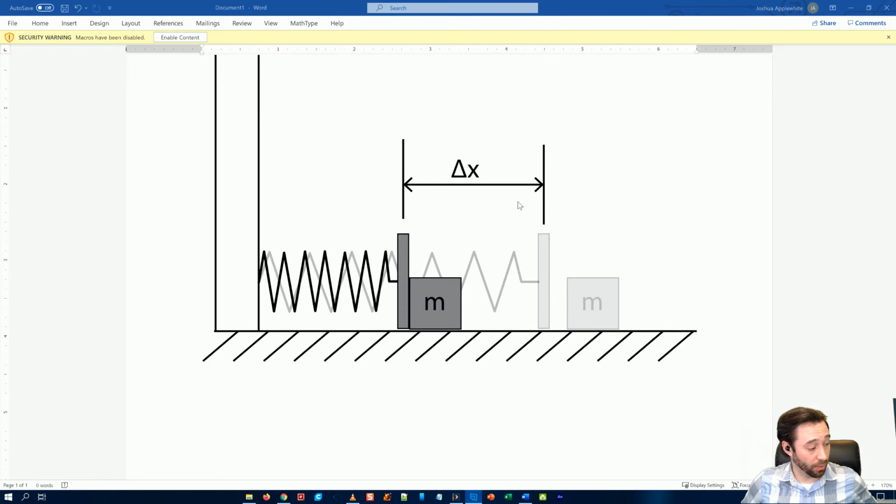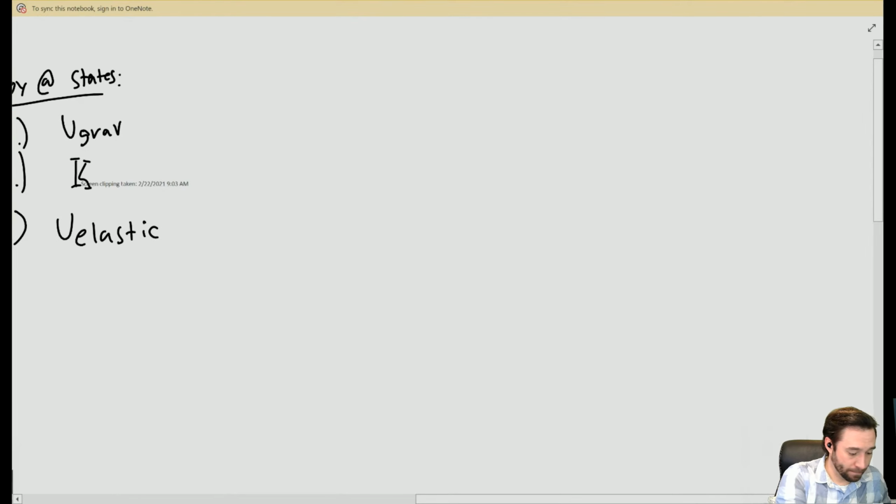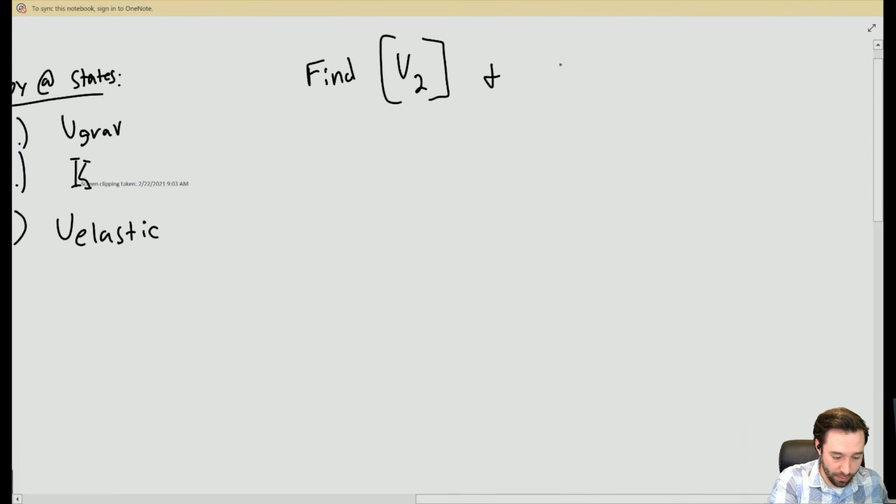So what we'll do tomorrow is we're going to pick up from this, and we're going to actually figure out what the velocity is and what the spring constant is in this problem, after I've given you guys some knowns. So the objective for this problem is the velocity at state 2 and the spring constant lowercase k.